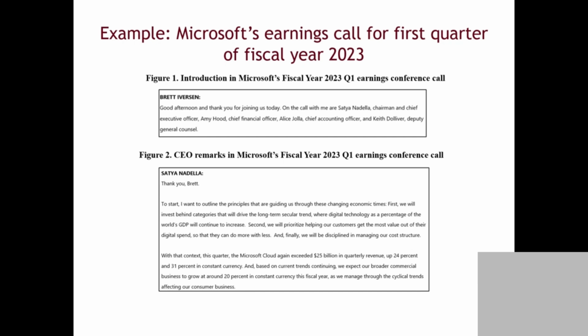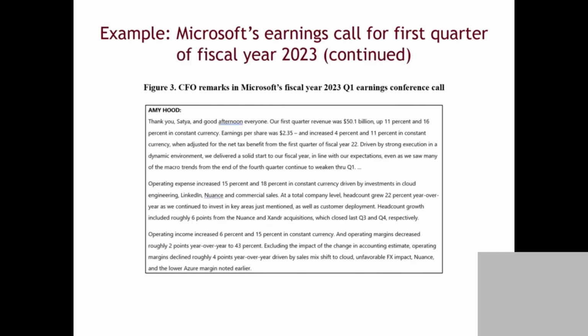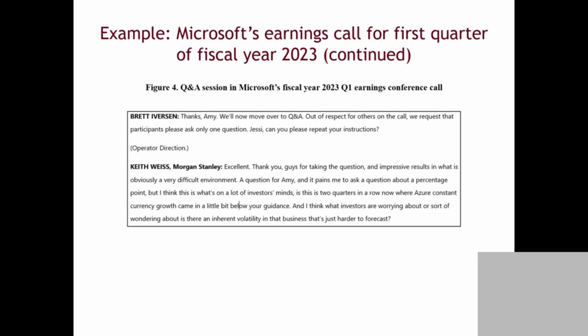So you can see that this is Microsoft. They will say, good afternoon, and then the CEO will talk. Then another executive will speak. All the executives, CEO, CFO, CTO, will say something to introduce what's going on with the firm, and then start the Q&A session.